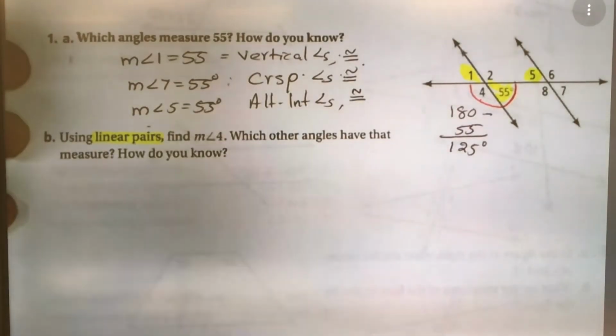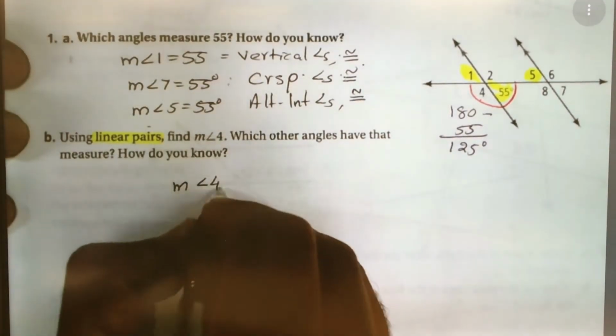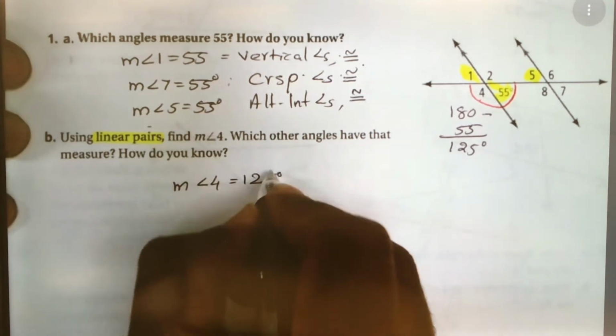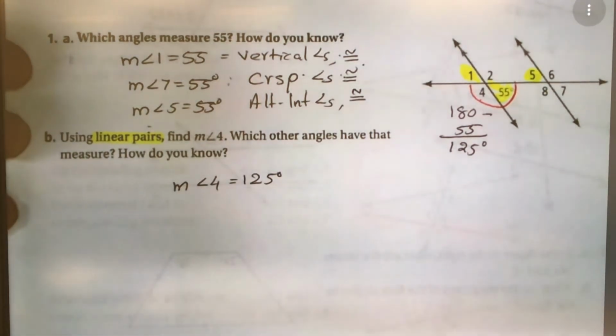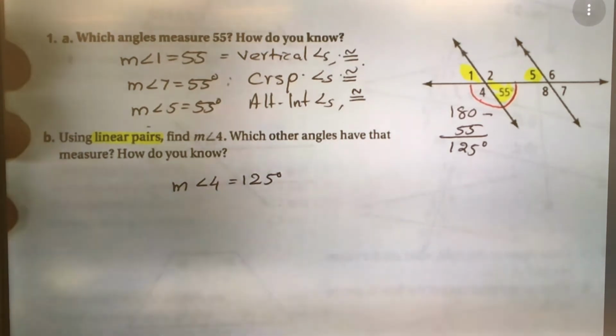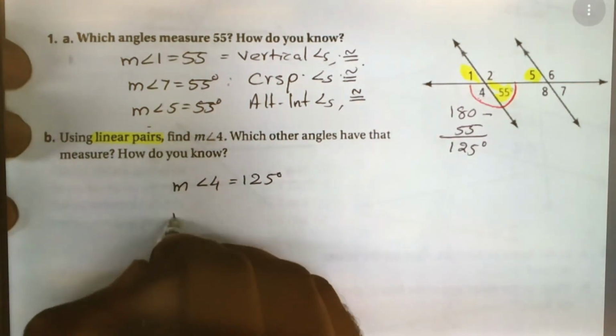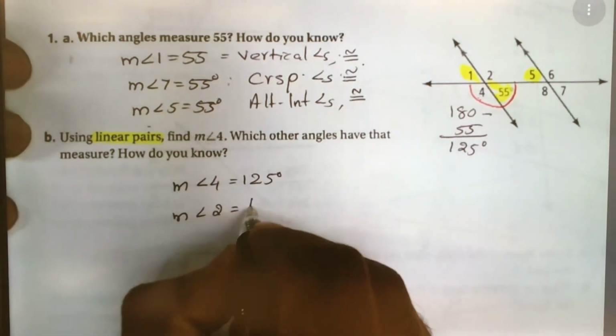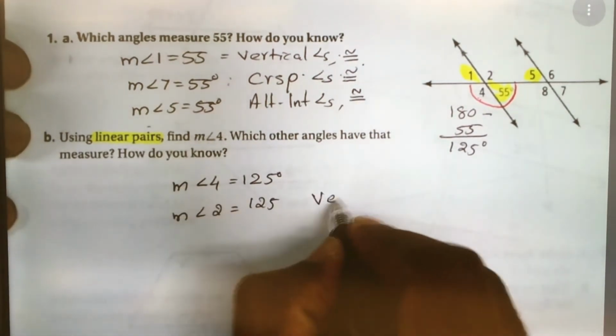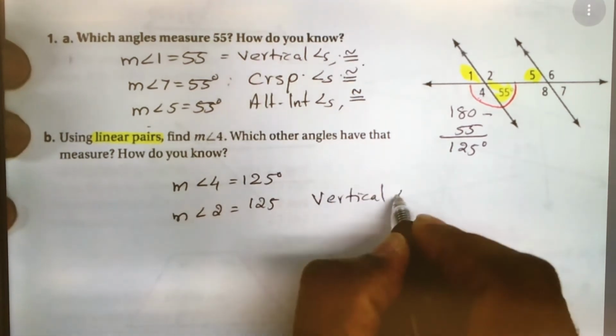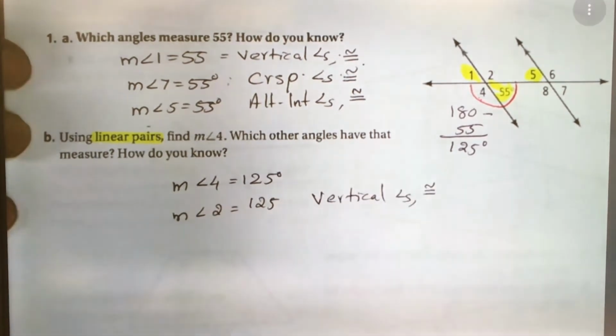So the measure of angle 4 is 125 degrees. Then we need to identify the other angles that are 125 degrees. Obviously, 4 and 2 are vertical angles, so the measure of angle 2 is also 125 because vertical angles are congruent.